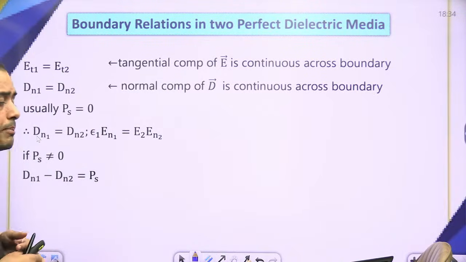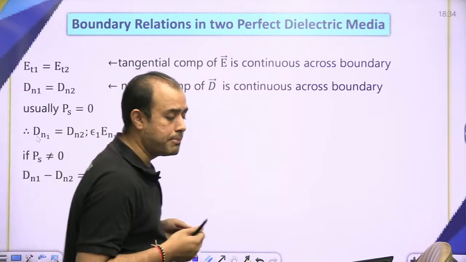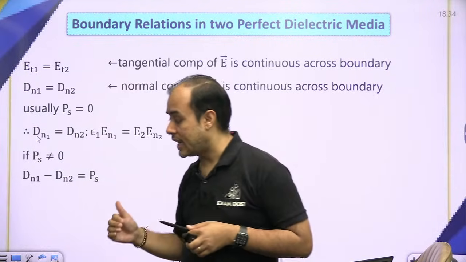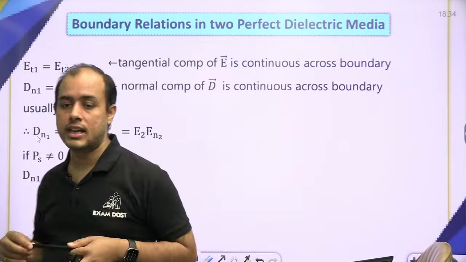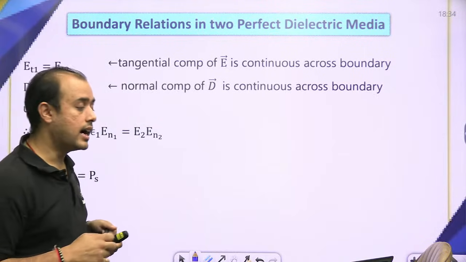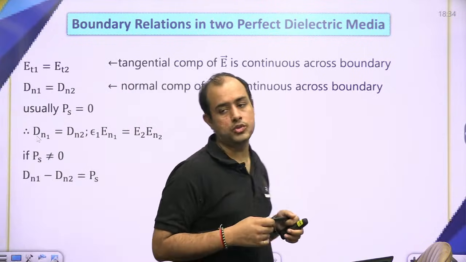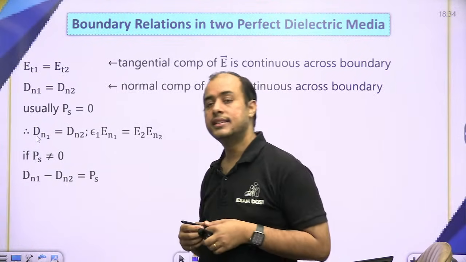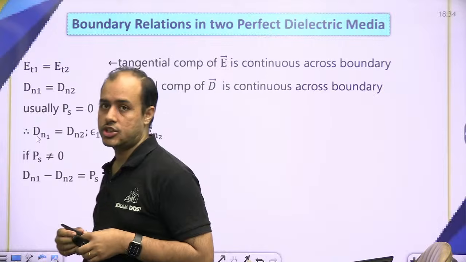Now it is very important when you study the boundary condition. What is boundary condition? When the electric field goes from one medium to the other. अगर electric field एक medium से दूसरे medium जाती है, then how does the electric field change? That is the boundary condition.